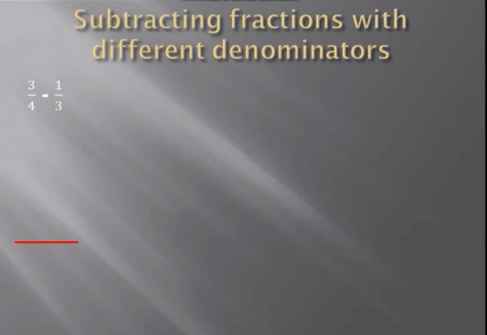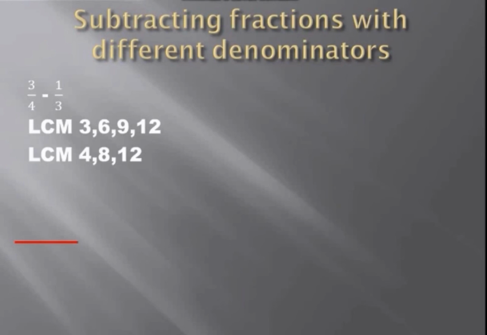3 over 4 minus 1 over 3. You do the same thing, find the lowest common multiple of both 4 and 3, which is 12. You write back the equation, draw your line, write 12 as the lowest common multiple, and then solve. So therefore, 4 into 12 goes 3 times.